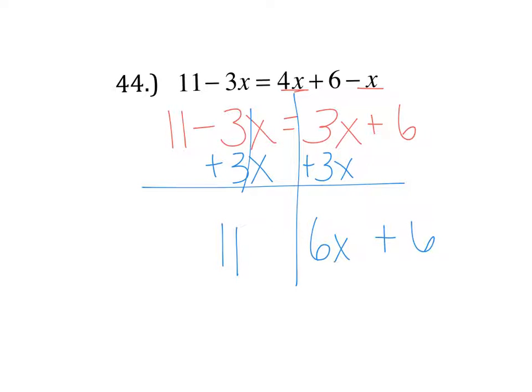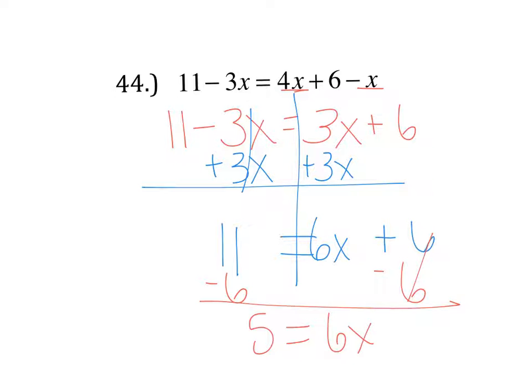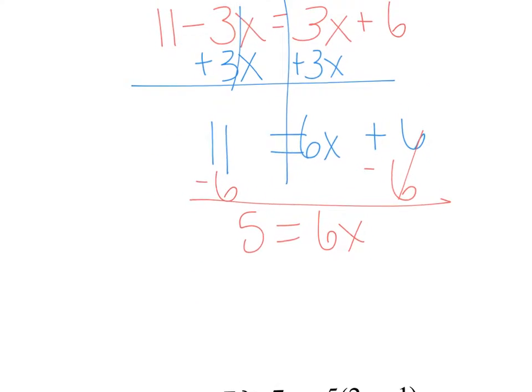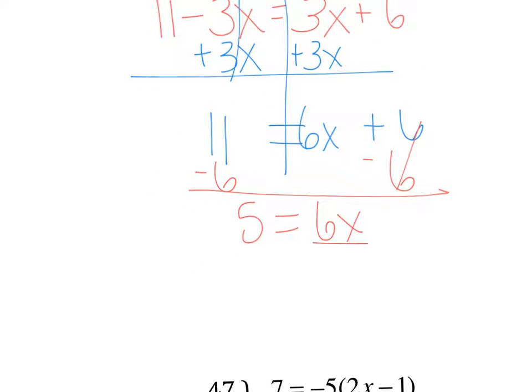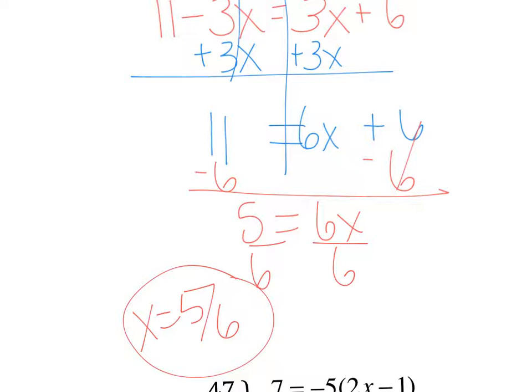Then we can subtract 6 from both sides to get 5 equals 6x. And then we'll divide both sides by 6. So we can say x equals 5/6. You could also leave it as a decimal if you wanted, or you could leave it as a fraction.